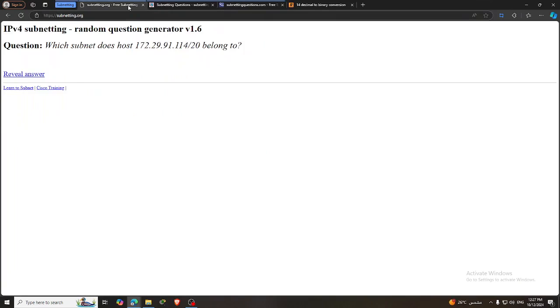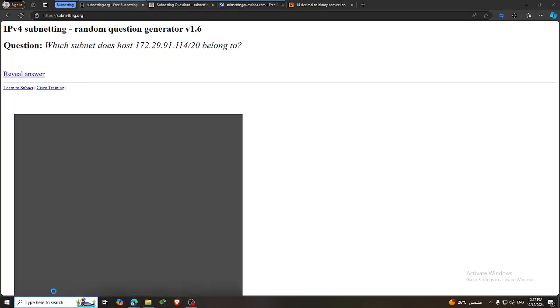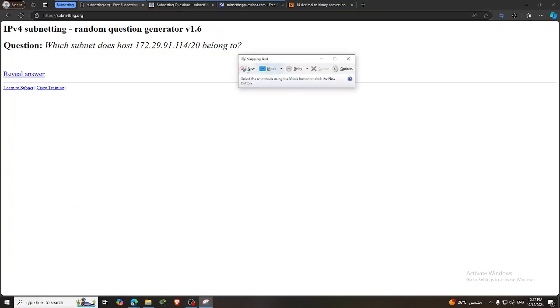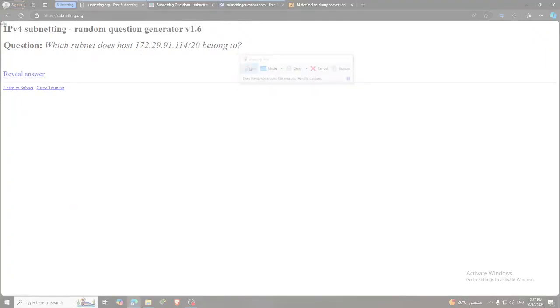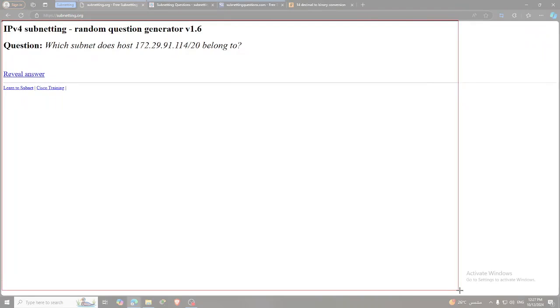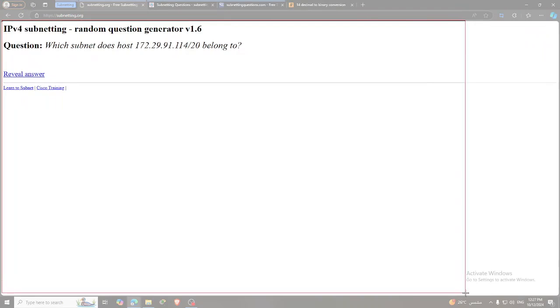Okay. Here we have a question, which says: which subnet does host 172.29.91.114/20 belong to? So basically we should know the network address for this subnet. To be able to solve this question, first of all, I will make a screenshot right here in order to have a space for the solution.